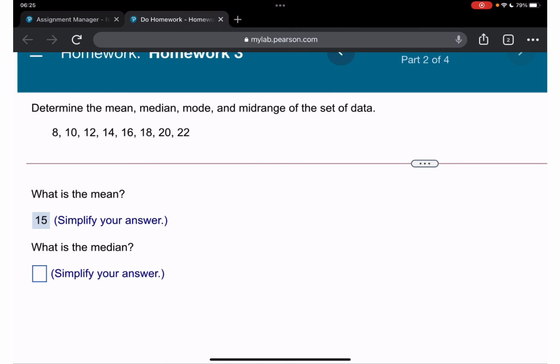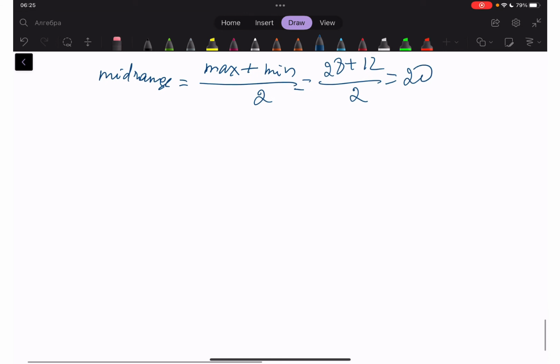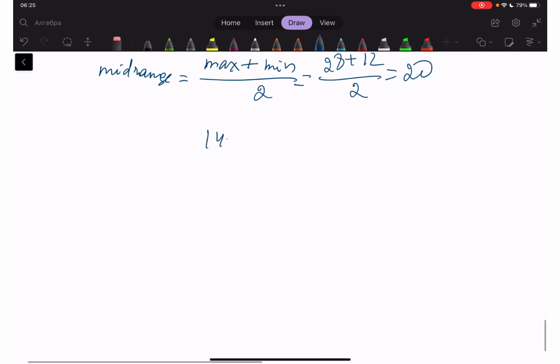Look, three from the left end, 8, 10, 12, and three from the right end, 22, 20, and 18. We have left 14, 16 in the middle. So we're going to take the average of 14 and 16. I'm going to do 14 plus 16 divided by 2. It's going to be 30 divided by 2. It's going to be 15.